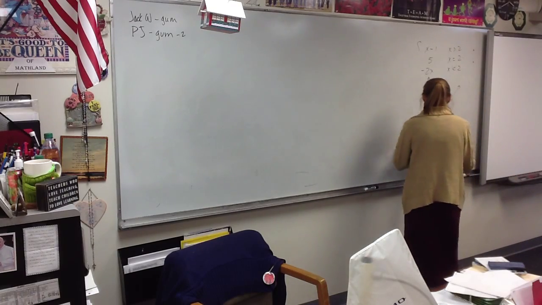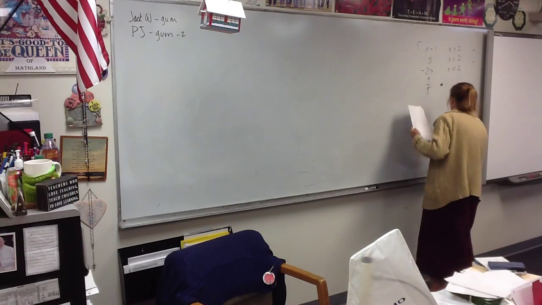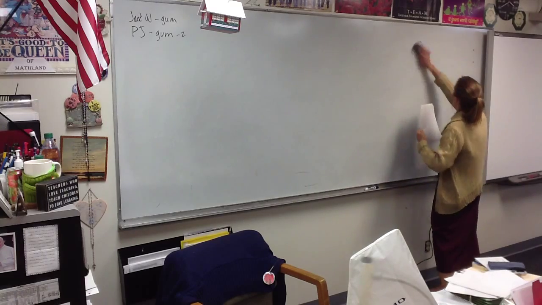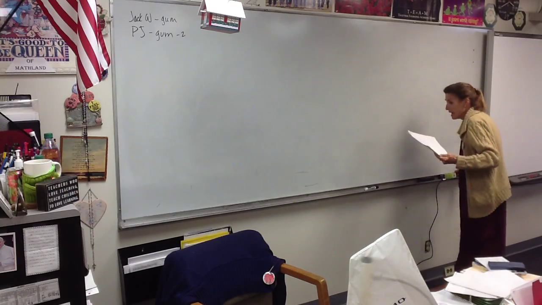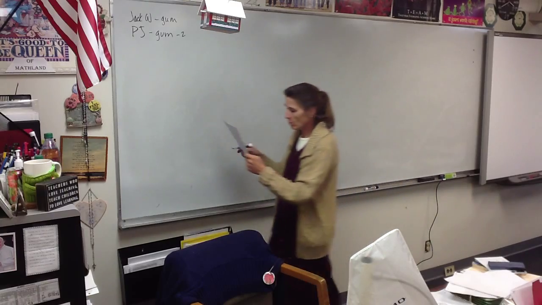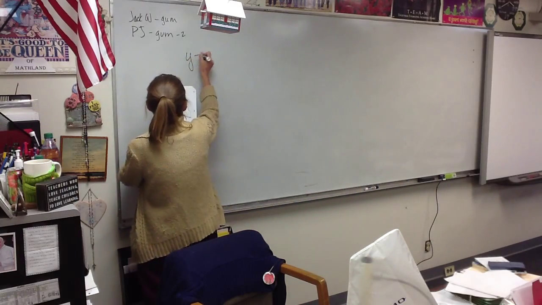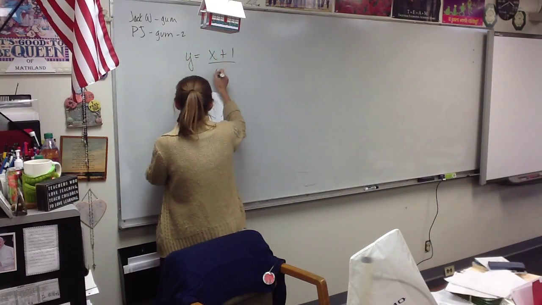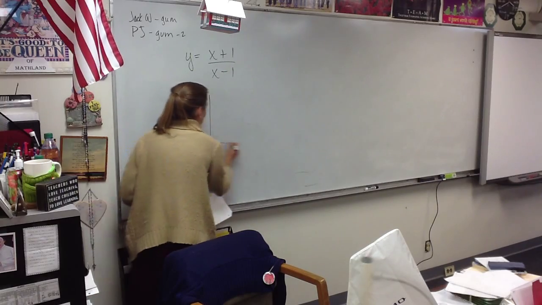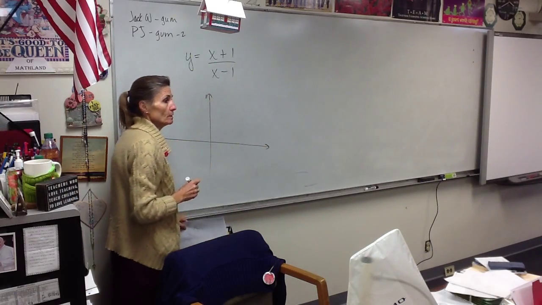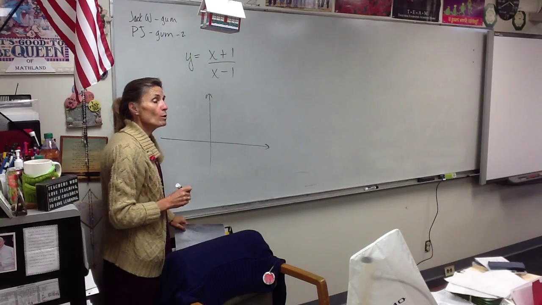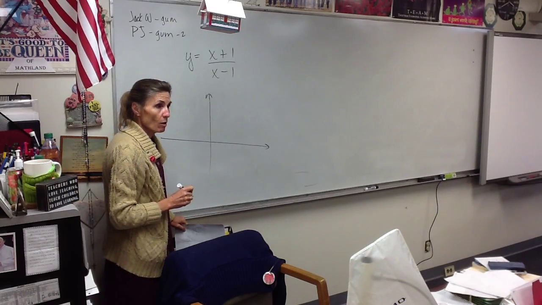So question number 3 says find the vertical asymptotes. And I'm actually also asking you to graph them. That's why I have the little grid thing there. Okay? What would make the denominator 0?